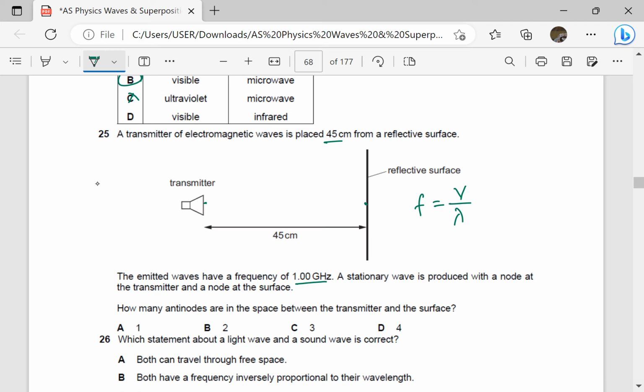The emitted waves have a frequency of 1 gigahertz. How many antinodes are in the space between the transmitter and the surface? Let's first find the wavelength.